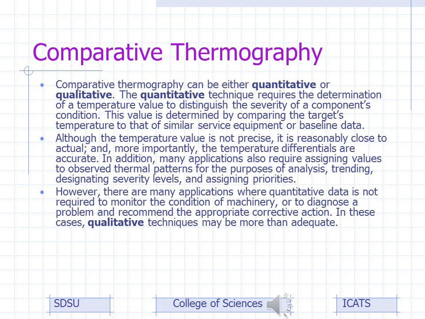In addition, many applications also require assigning values to observe thermal patterns for the purposes of analysis, trending, designating severity levels, and assessing priorities for repairs that may be needed for future maintenance: preventative maintenance, predictive maintenance, prognostic health maintenance values.